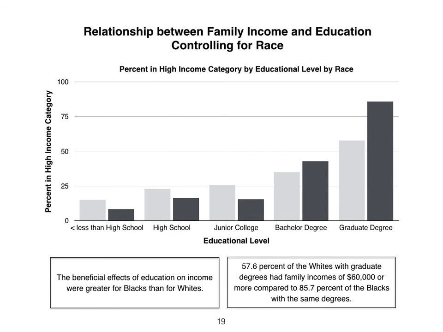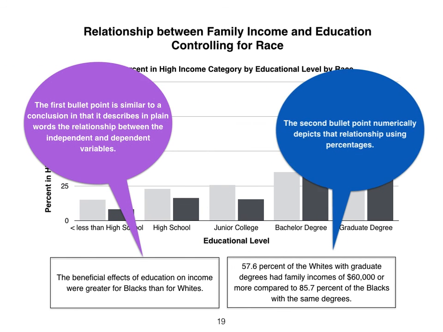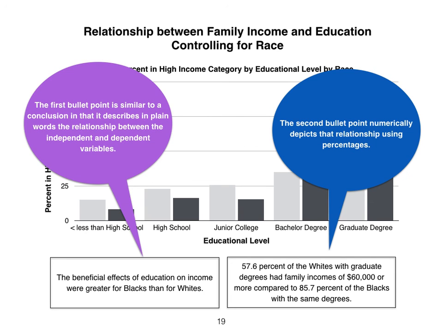Okay, and then here is your multivariate, your other graph controlling for race. Okay, and it's the same thing. You've got to fill in the blanks for these 2 paragraphs that you're going to write about.